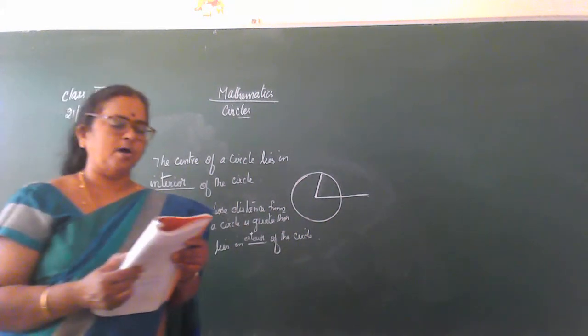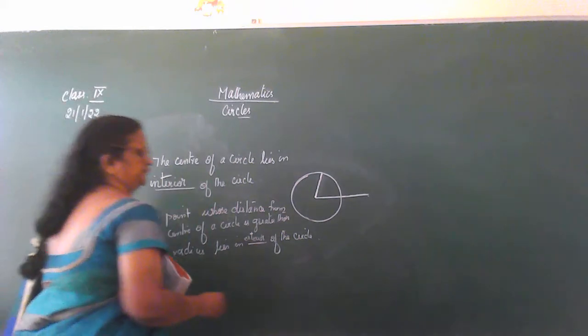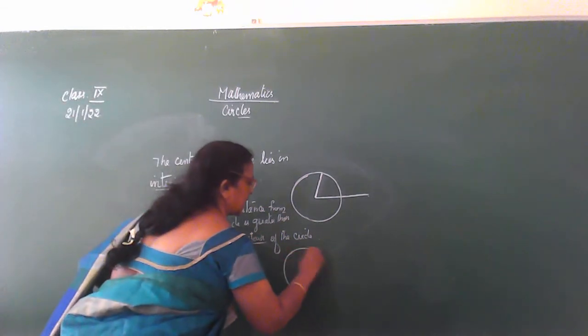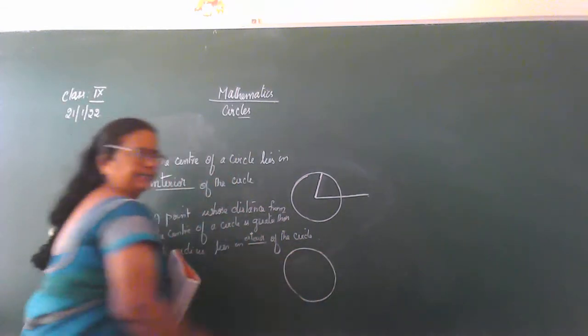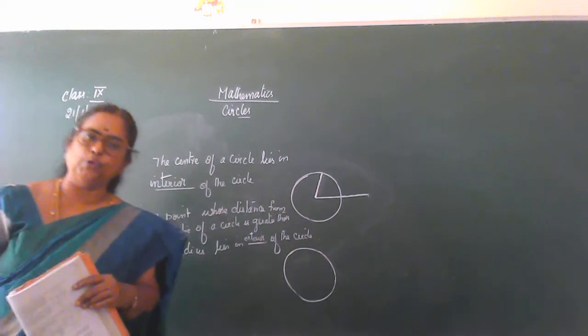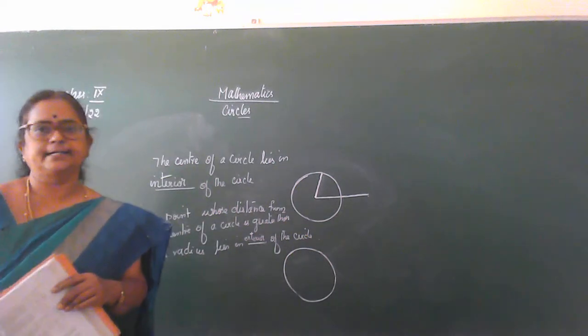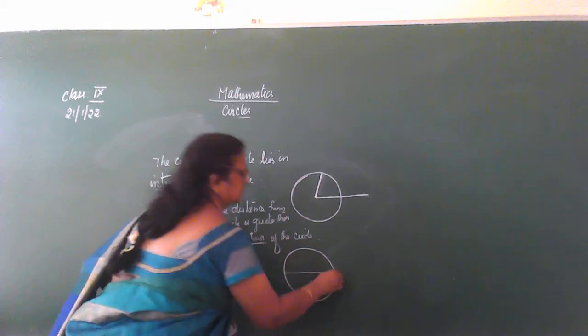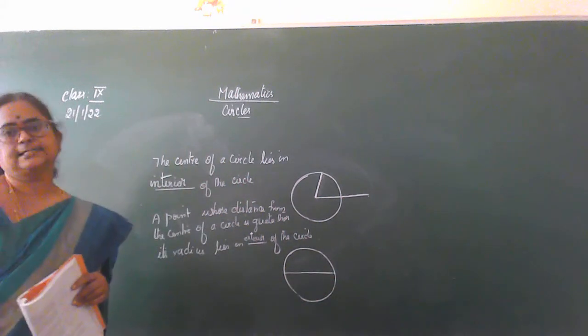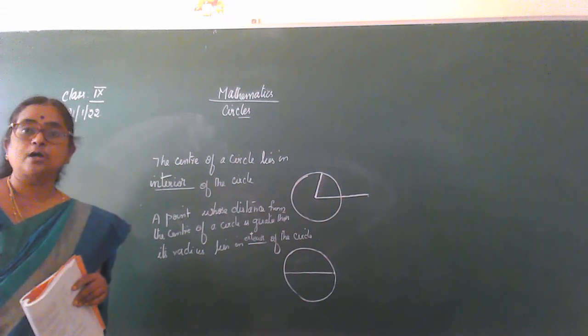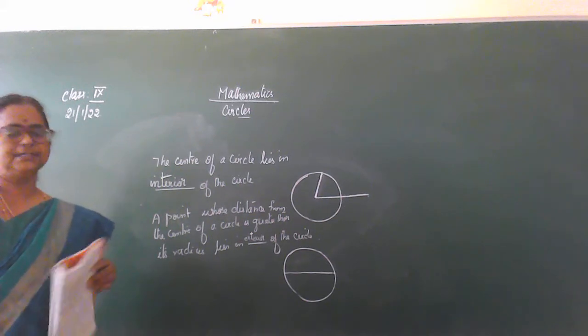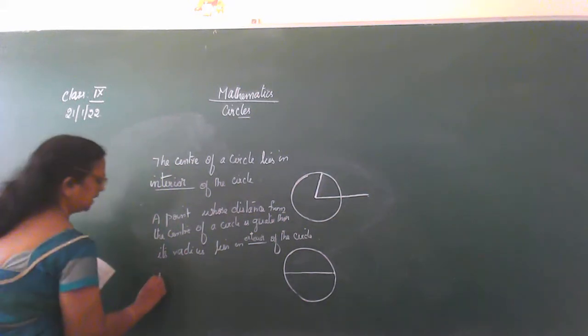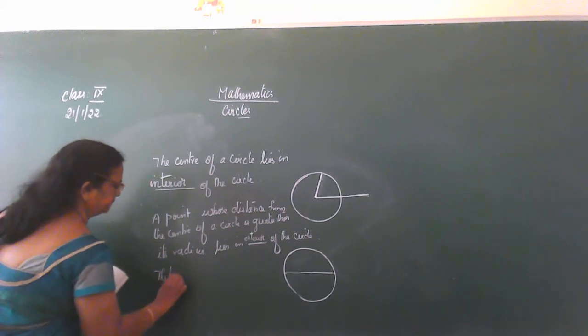What is the longest chord of the circle? So what is a chord now? The line that touches the circle at two distinct points is called a chord. A chord that passes through the center of the circle is called the diameter of the circle.